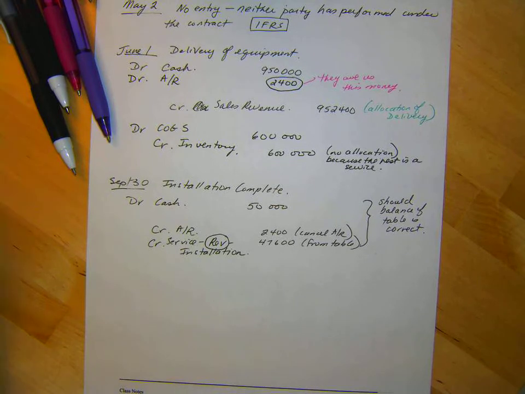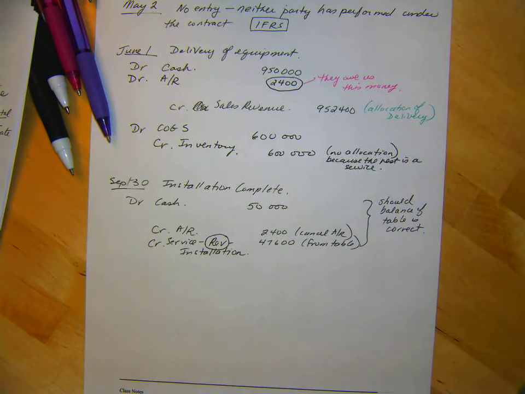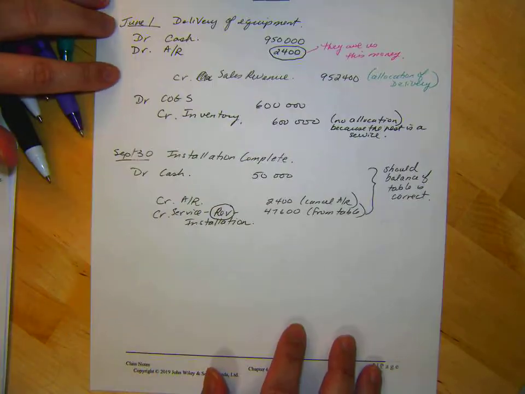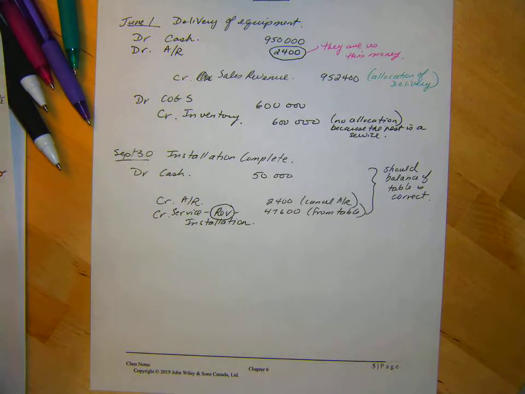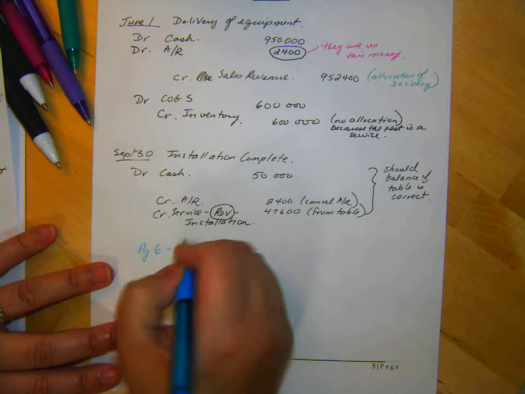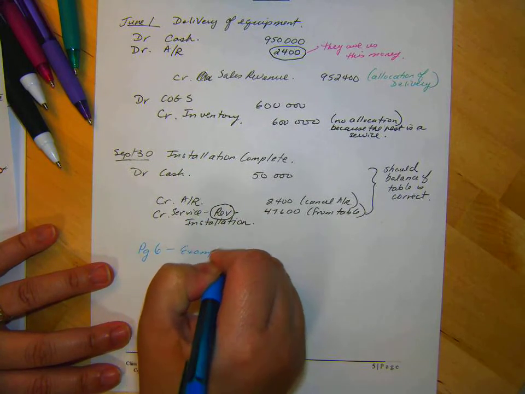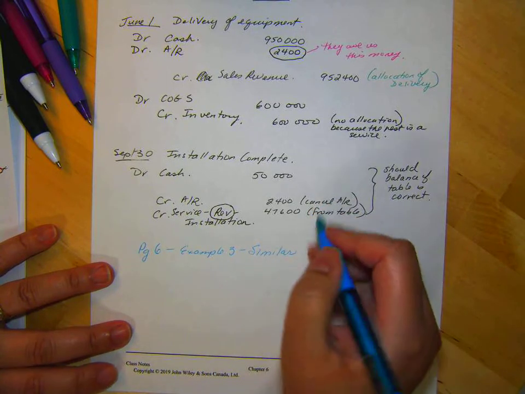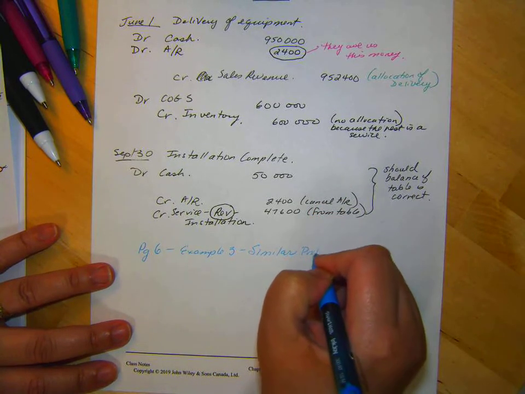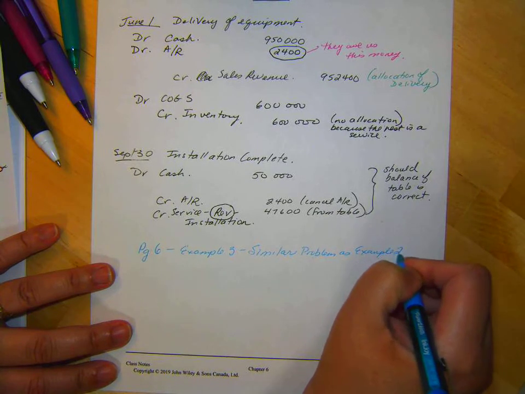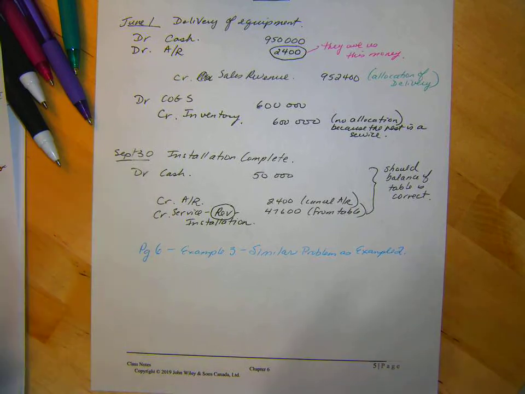Okay, so that was example 2. What I want you to do on page 6 is I put a very similar example. Okay, so page 6, example 3, is a similar problem as example 2. We're not going to do it together.